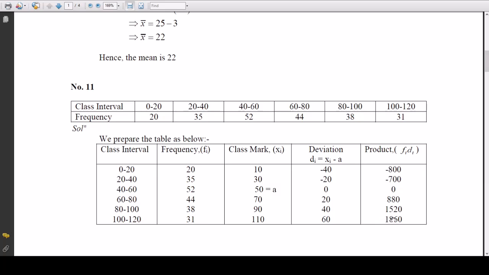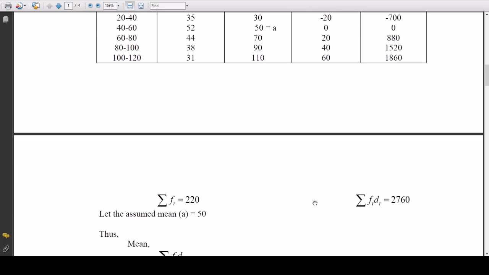First you will add all these positive values, 1860, 1520, 880, and then you add the negative value, and subtract it. You will get the summation of fi di. Now the sum of frequency will be 220, and the summation of fi di is 2760.